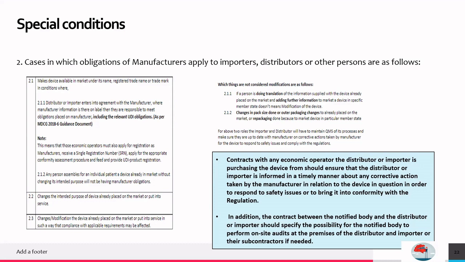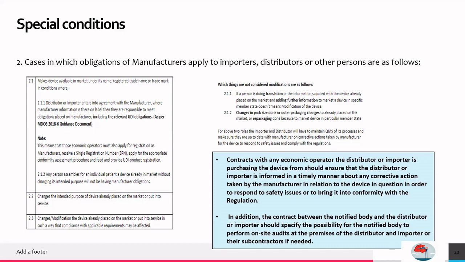Any person who assembles for an individual patient a device already in the market without changing its intended purpose will not have manufacturer obligations. This is another scenario: if a person assembles for an individual patient a device which was already present in the market and the intended purpose is not changing, then that person or party will not be called a manufacturer.